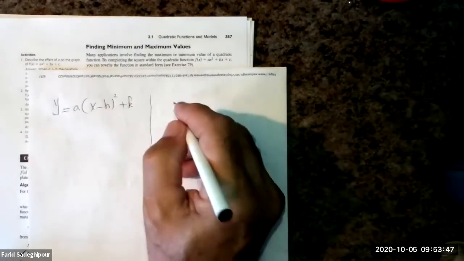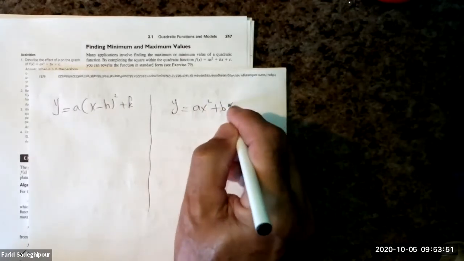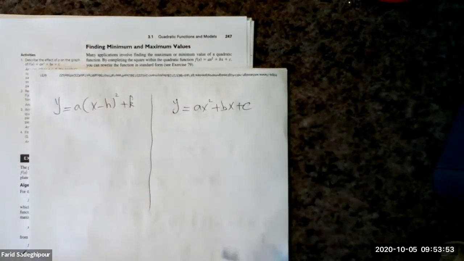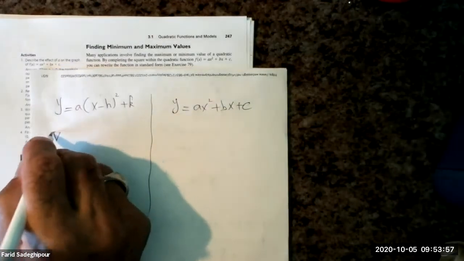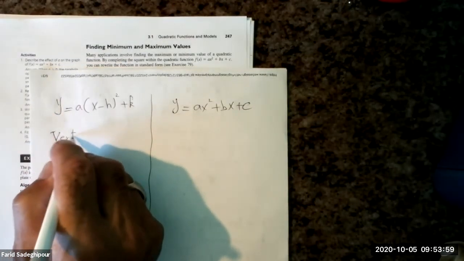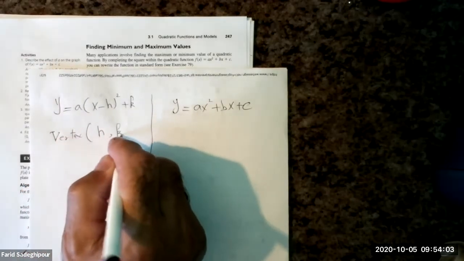So the equation of a parabola is either written in this form or like this. If you have it written in this format, then the vertex is (h, k).